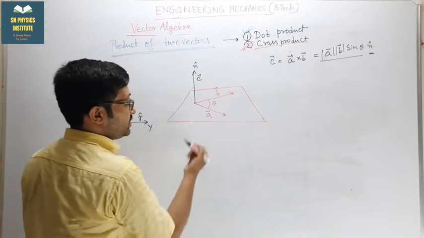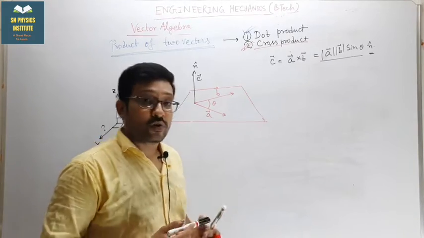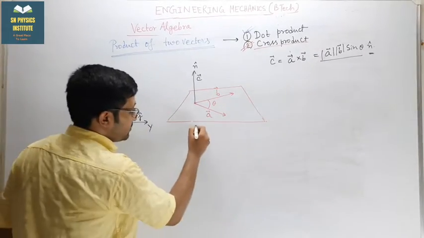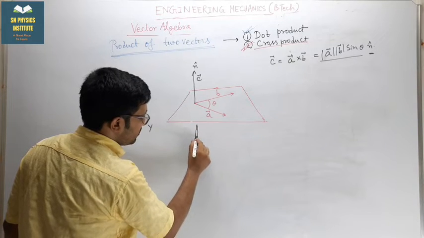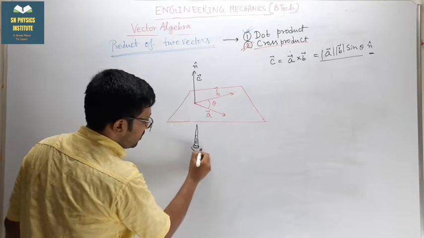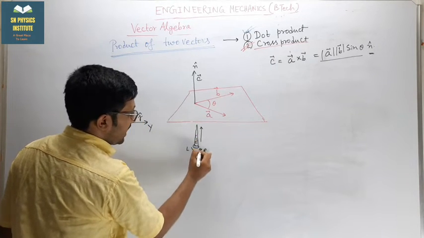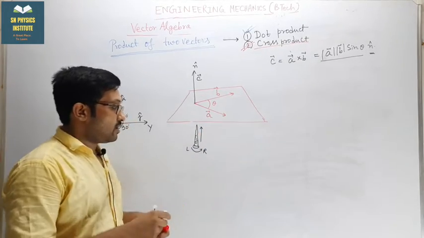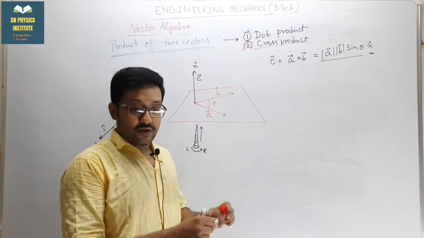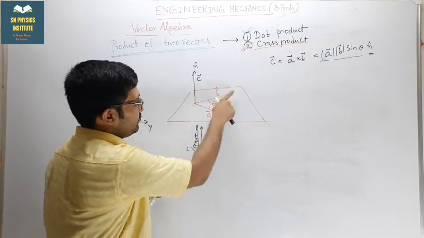Because in this situation you have to know the right hand corkscrew rule. Try to understand: if I consider the screw here, and you rotate the screw left to right direction, then this is the right hand screw, so it will move in the upward direction. So for example, this is A vector, this is B vector.